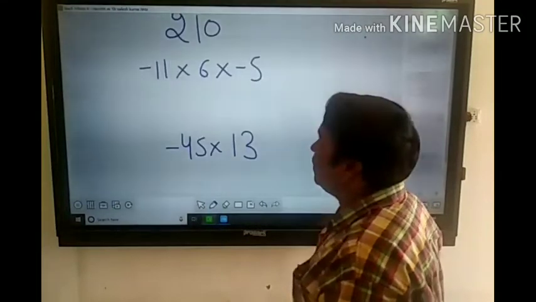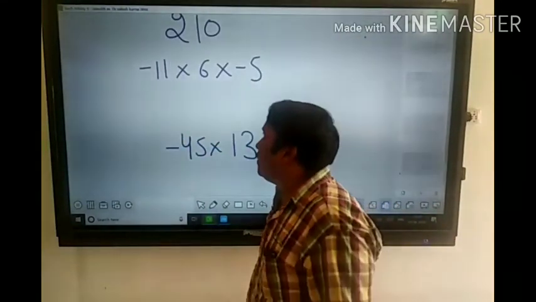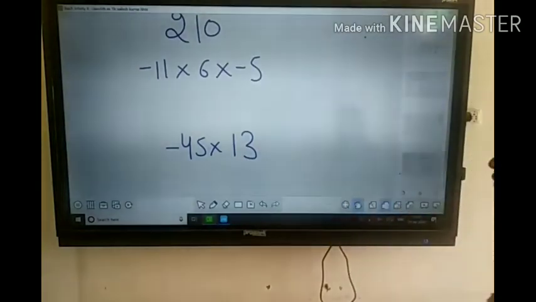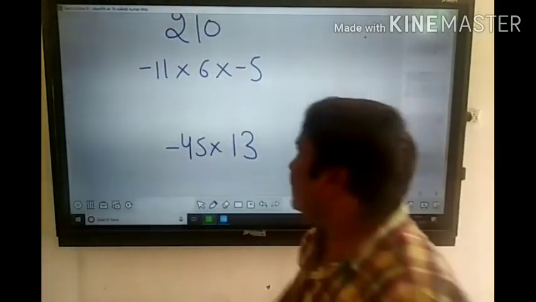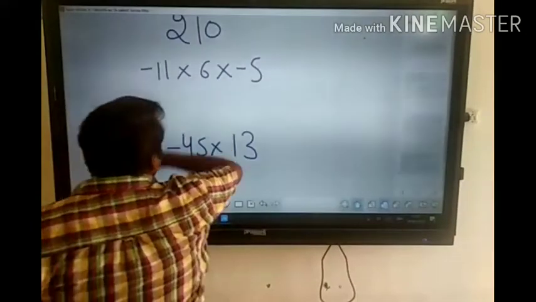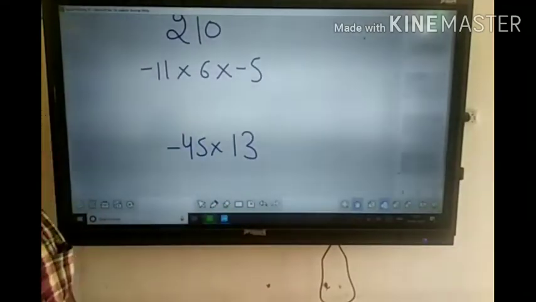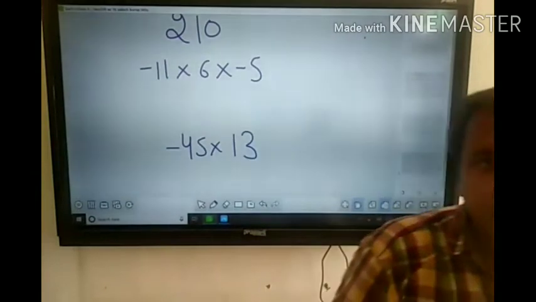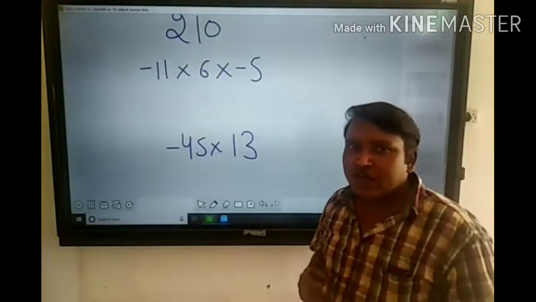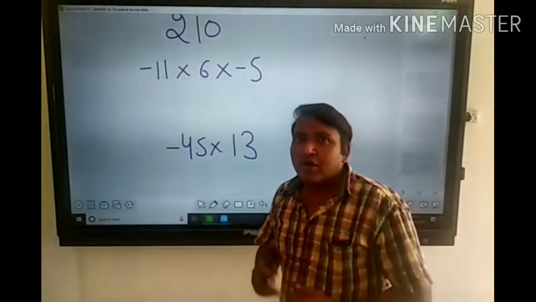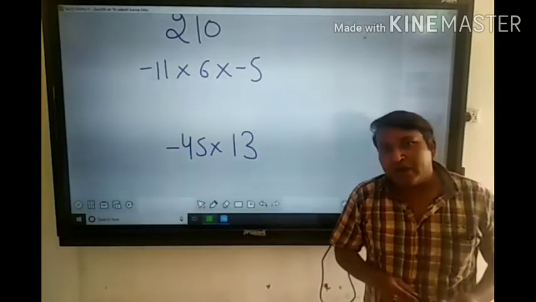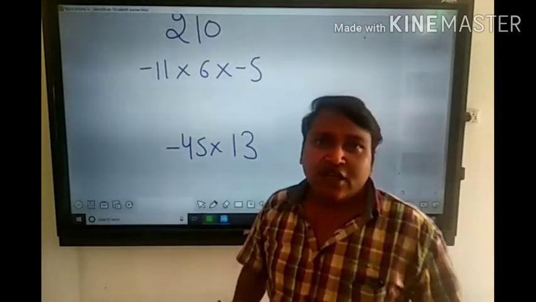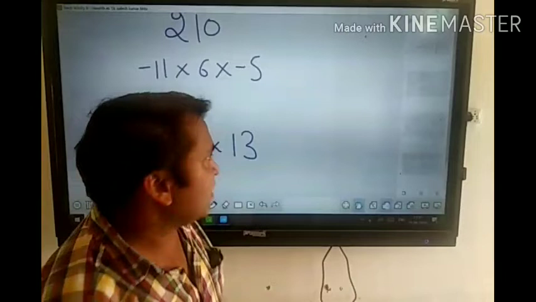Now here you will see in this part 11, 6 and 5 are multiplied, but here this is negative and this is negative. Here in this product we are getting two negative symbols. Whenever in multiplication or division there are two or an even number of negatives, the answer is positive.